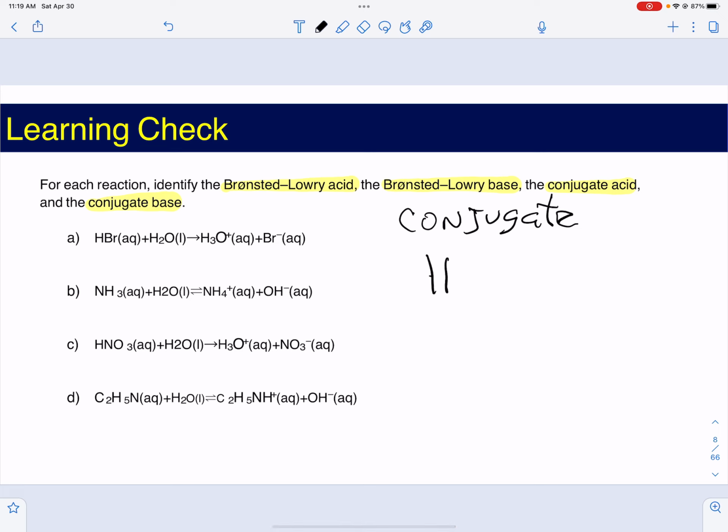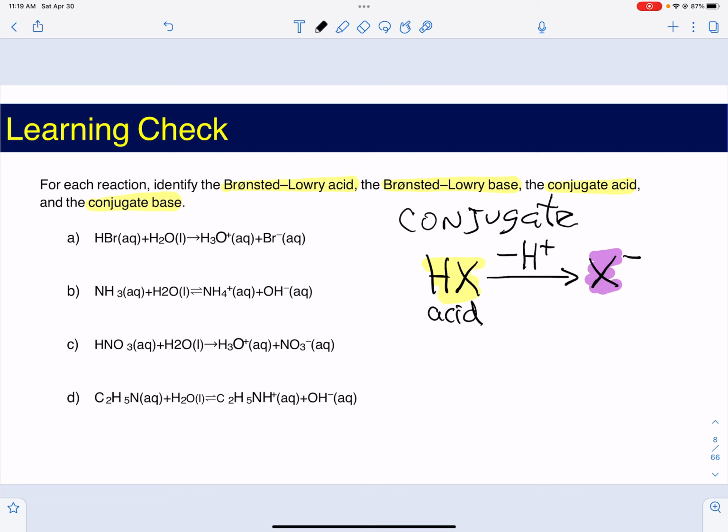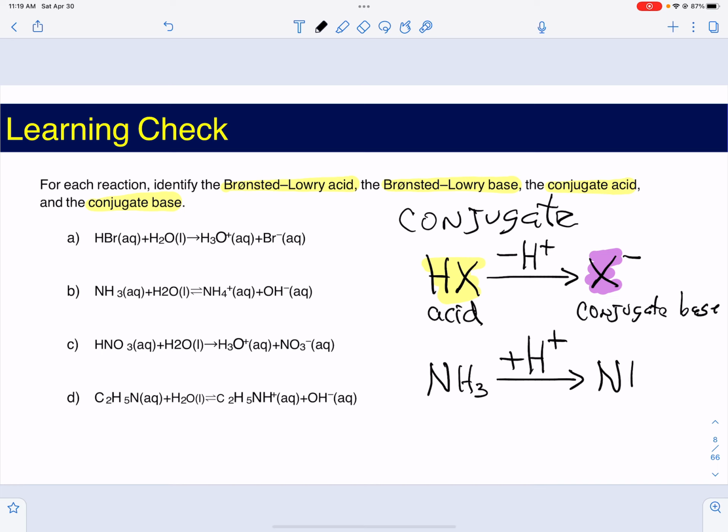That means that if I have an acid that will donate or lose a proton, what remains is that, right? So this would be my acid, and whatever remains is going to be my conjugate base. If I have a base, bases accept protons, so this will become NH4 plus.